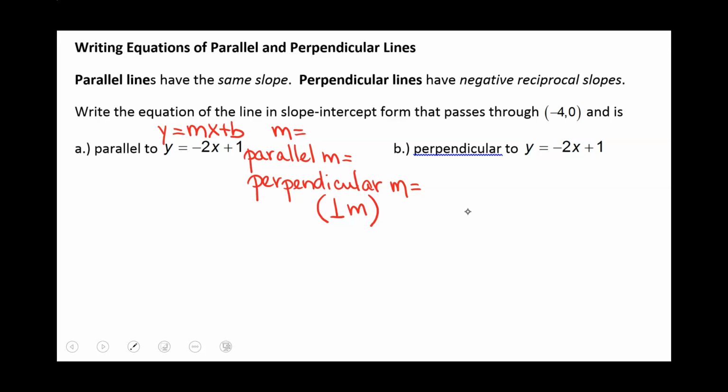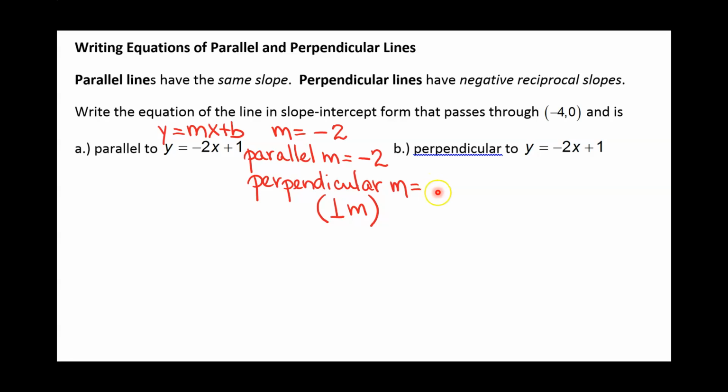Now, parallel lines will have the same slope, while perpendicular lines will have slopes that are negative reciprocals of each other. So, for instance, if my slope is -2, then the parallel slope would have to be -2 as well. They have to be the same.